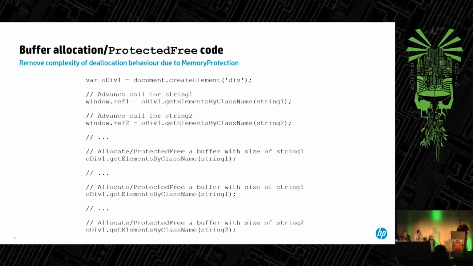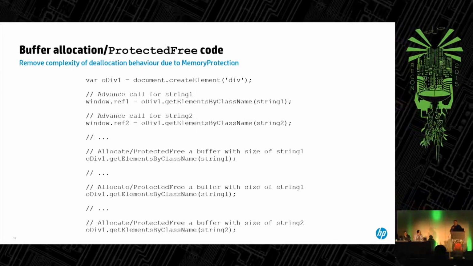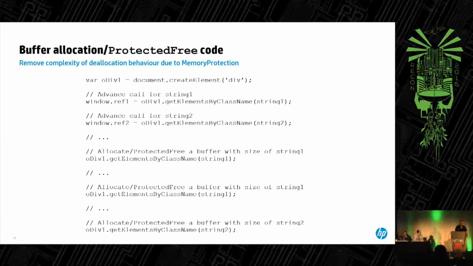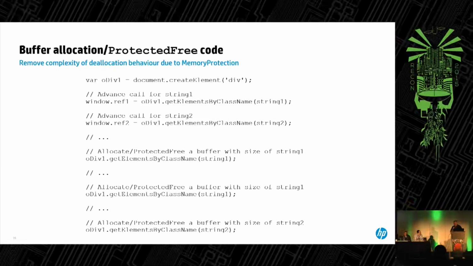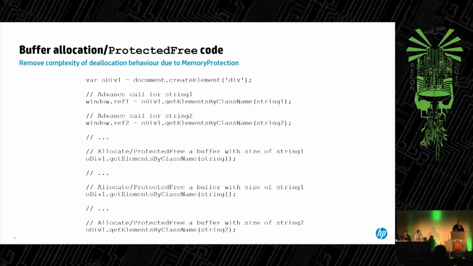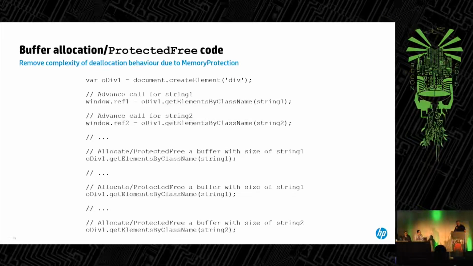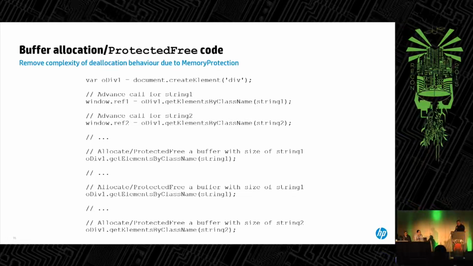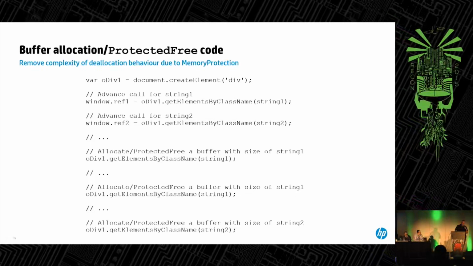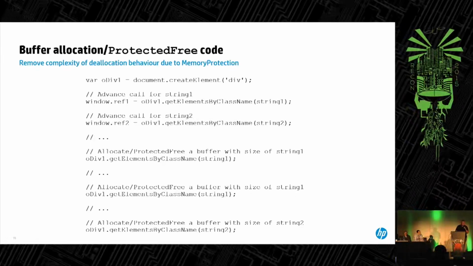The priming procedure is basically calling getElementsByClassName with the string that you're going to use later and keeping a reference to the returned value. Then any other subsequent call to getElementsByClassName using that string will reliably allocate a CStr at a size and deallocate that same object using protected free. As a result, we can now take the steps that we laid out previously to reliably deallocate an object that is not completely mitigated by memory protection.